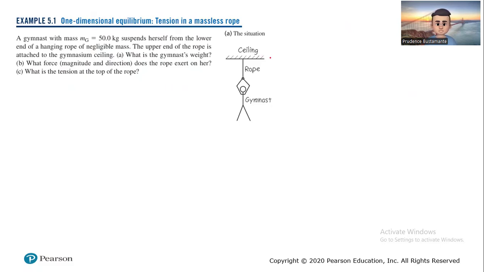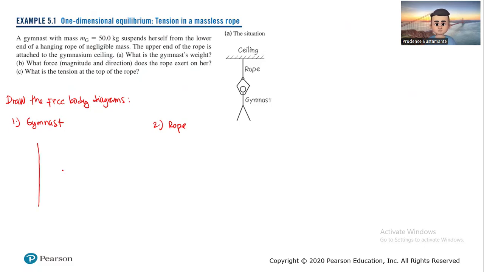Okay. The first thing we should do here is to draw the free body diagram. Number one is for the gymnast, and number two is for the rope. Let's look at the gymnast first.